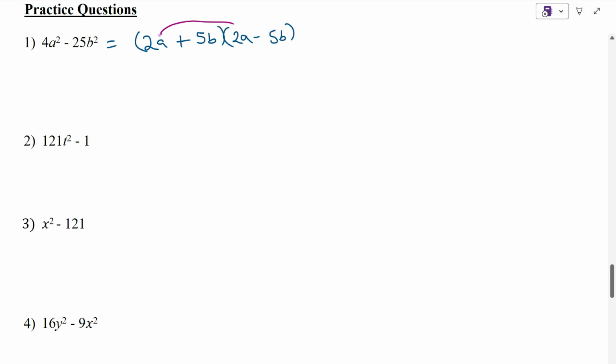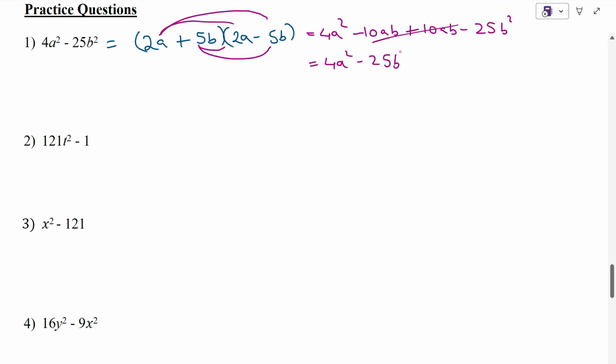Now if we multiply out, 4a squared minus 10ab plus 10ab minus 25b squared, minus and a positive cancel out, and we're left with our original equation of 4a squared minus 25b squared.